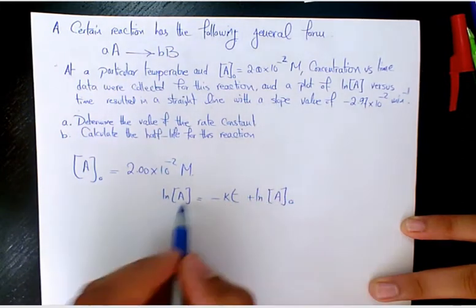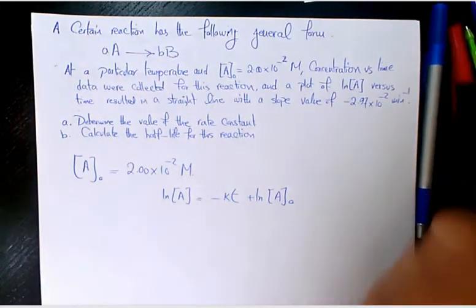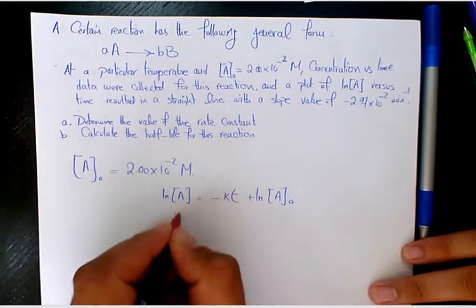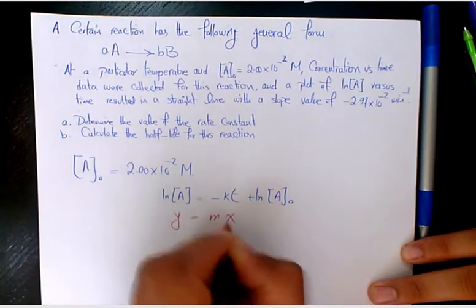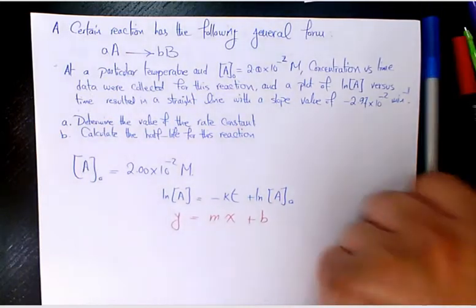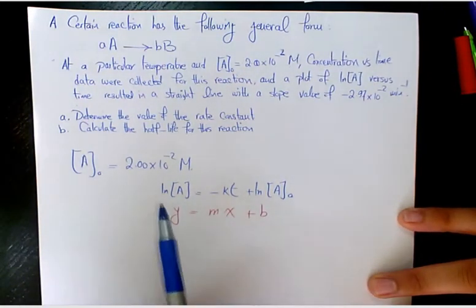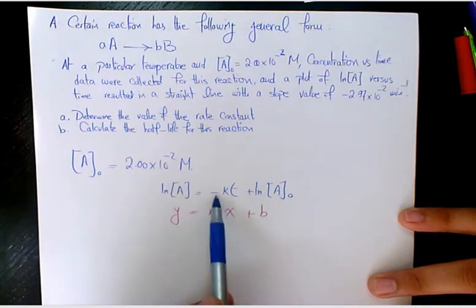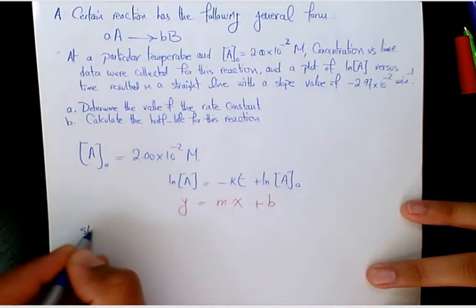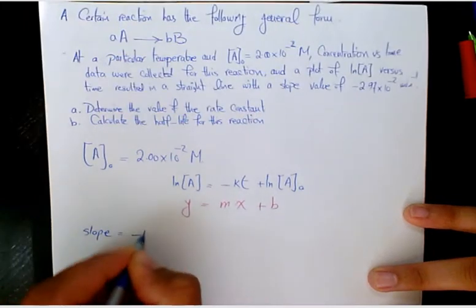When we plot this with respect to time, if the reaction is first order, we're going to have a straight line. If you compare it with the slope-intercept form of a linear equation, the slope must be negative k. So the slope is negative k.